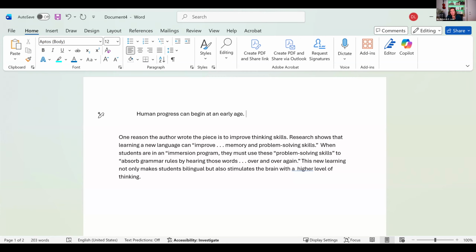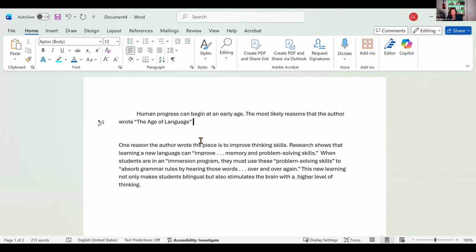The most likely reasons that the author wrote The Age of Language, and I can do past tense, were, because it said wrote in the prompt, were, right?